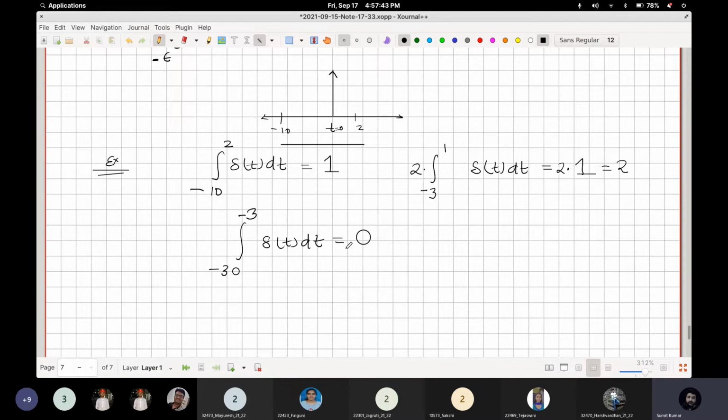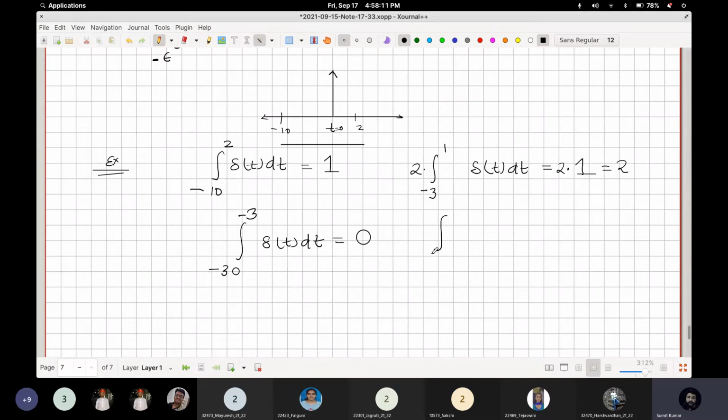Can anybody elaborate? Because between minus 30 and minus 3, your 0 is not located there, isn't it? 0 is located after minus 3. So between minus 30 and minus 3, 0 does not come, therefore you have not encountered this function, this area, isn't it? So between that it is anyway 0. So its area will be 0.